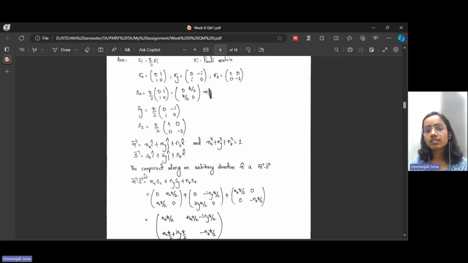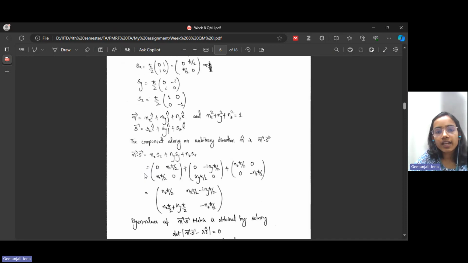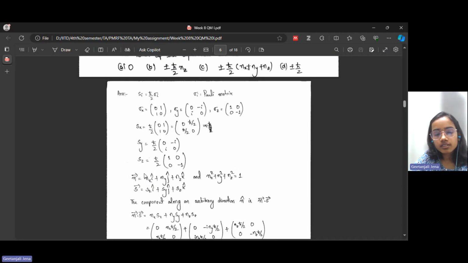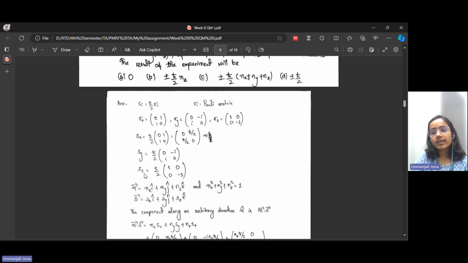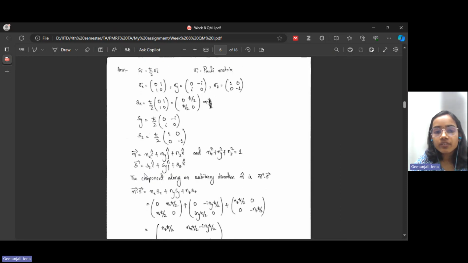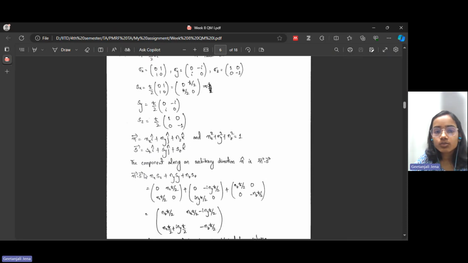So that means you take the measurement which is n dot S, right? So n dot S is nothing but nx Sx plus ny Sy plus nz Sz. Now, if you put the matrix elements of Sx, Sy, and Sz, what you will get is this expression.